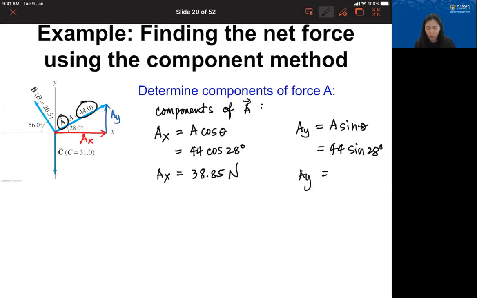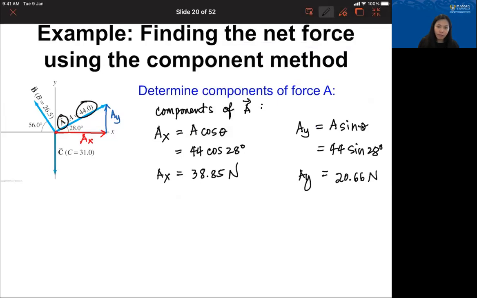Then you'll have a y component of 20.66 newtons. So you've now calculated the x and y components, the horizontal and vertical components, of your vector.